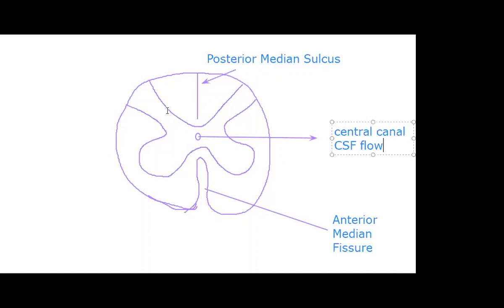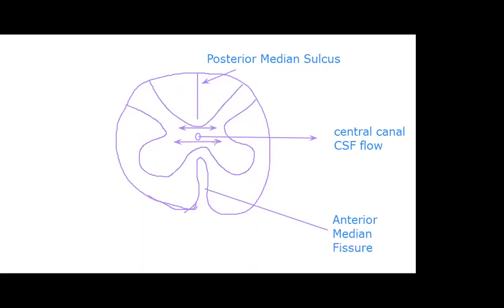Whenever we are looking at the spinal cord, the gray that, let me just go ahead and draw it in here. The gray that you can see from side to side that's around this central canal is going to be called a gray commissure. Remember, commissure means bridge.